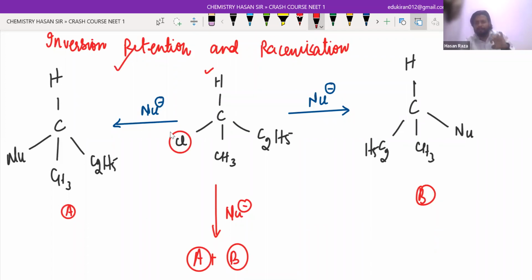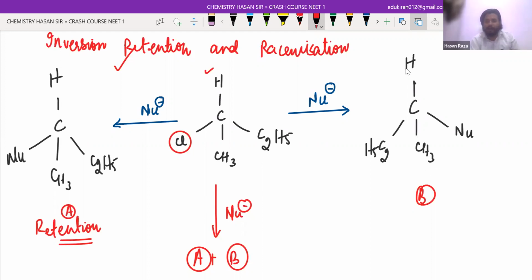In whatever orientation chlorine was, nucleophile is there. This is called a retention, the retention of configuration. That means chlorine just moved from its place and nucleophile just replaced that.